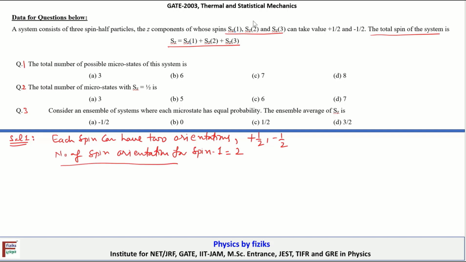Similarly, the number of spin orientations for spin 2 is again 2, and for spin 3 there are again 2.